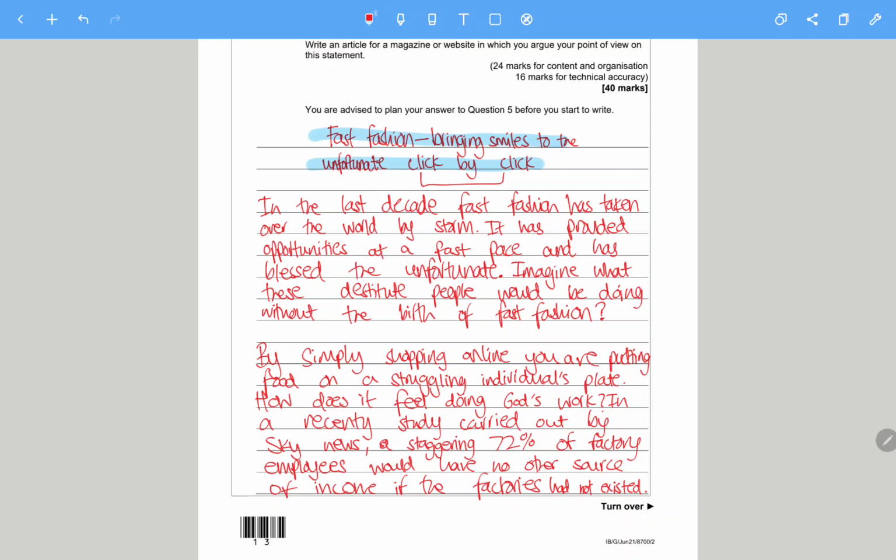Okay, full stop. So what I've done here is I've used a statistic again to add weight to my argument so that it sounds convincing.